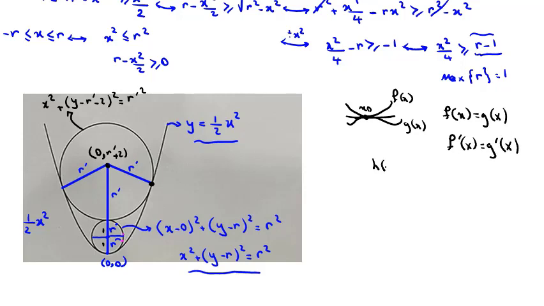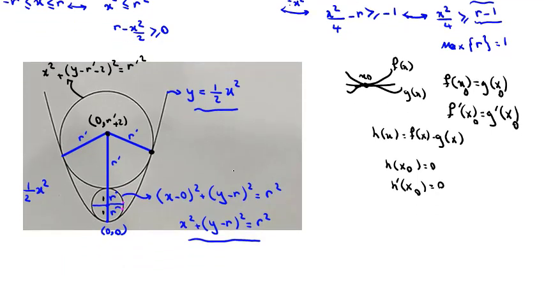Or you can define h of x equal to f of x minus g of x, and then h of x0 equals 0, because f and g are equal there, and h prime of x0 equals 0, because it will be f prime minus g prime, which equals 0. So we use these things.